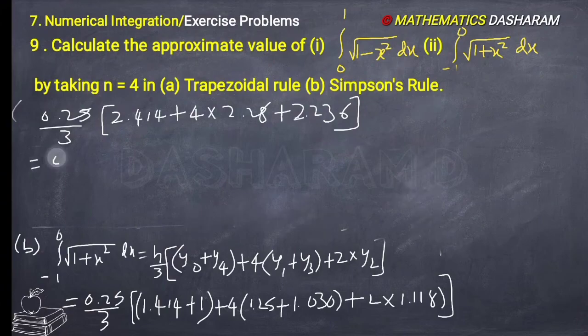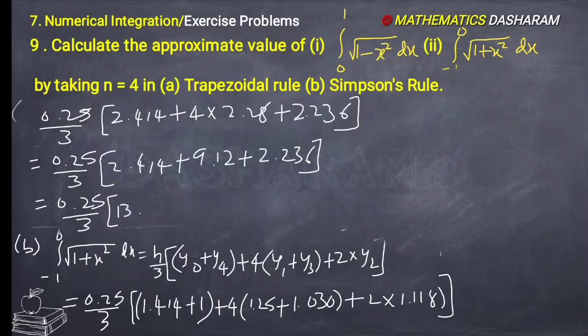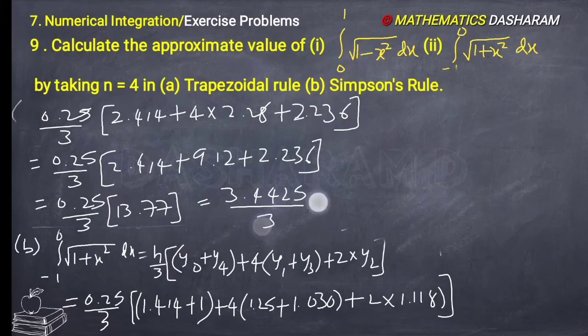Then it is equal to 0.25 divided by 3, 2.414 plus 4 into 2.28 is 9.12 plus 2.236. So 0.25 divided by 3, so 13.77. So it is equal to 3.4425 divided by 3. So it is equal to 1.1475, our required answer.